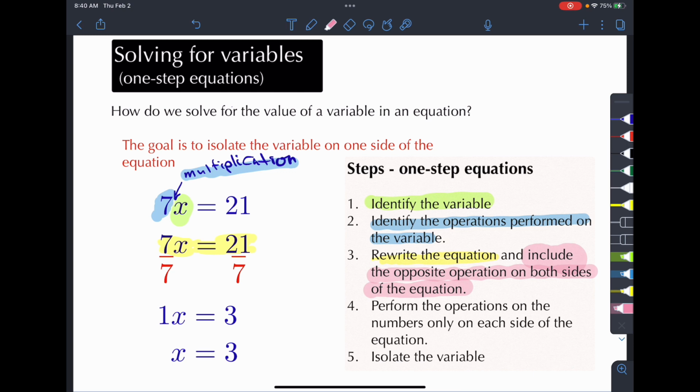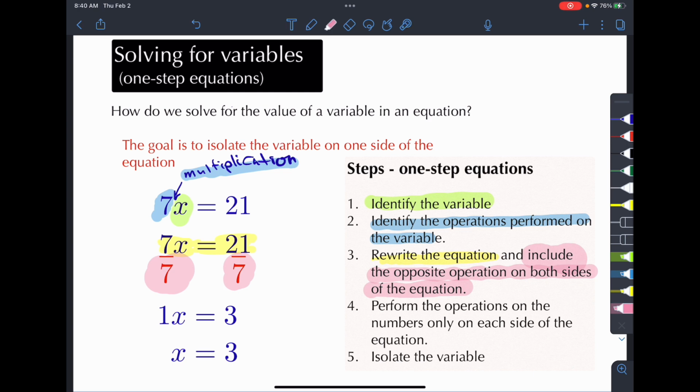Our operation was multiplication, and it's 7 times x, so the operation is 7 times. The opposite of multiplication is division, and we divide by 7. So that's where this and this comes in. Notice that it happens on both sides of the equation, just like it says in step 3.